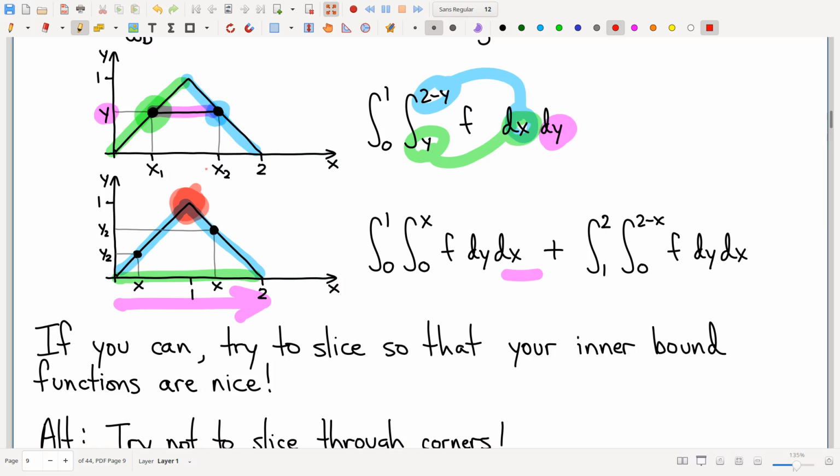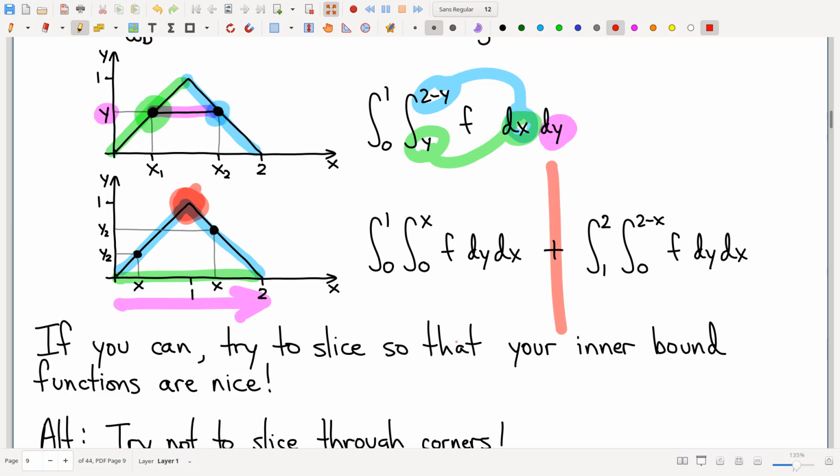Because if I look at this blue curve, I know I'm going to need to be solving for y. I'm going to need the equation of this blue curve. It has two equations: one equation on the left side and another on the right side. Because there's two equations, I have to chop where those two curves intersect, in other words, at the corner.